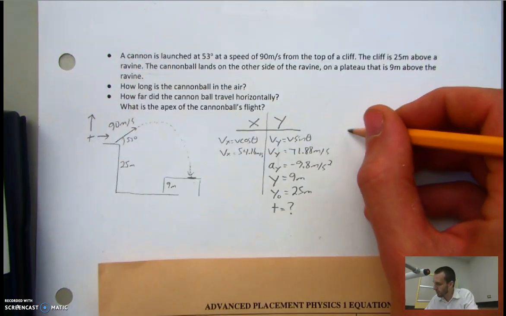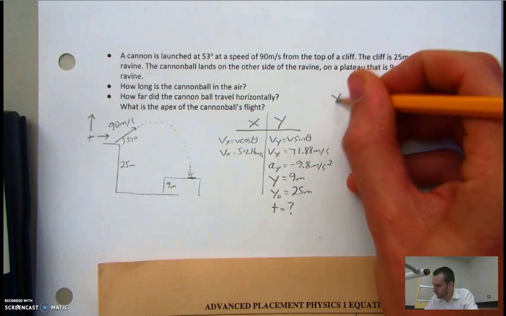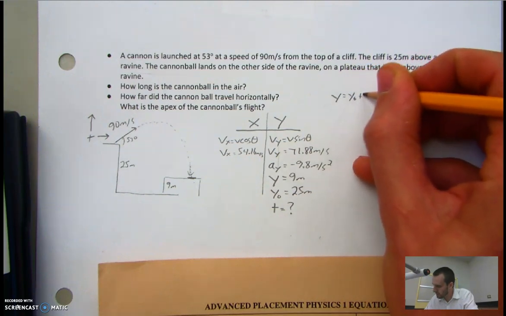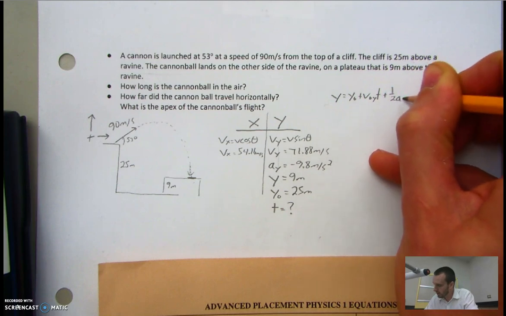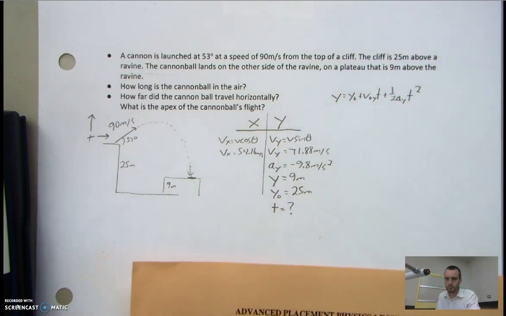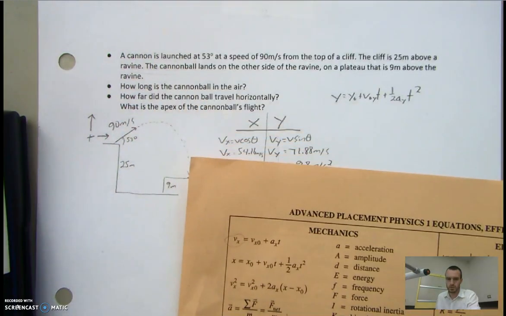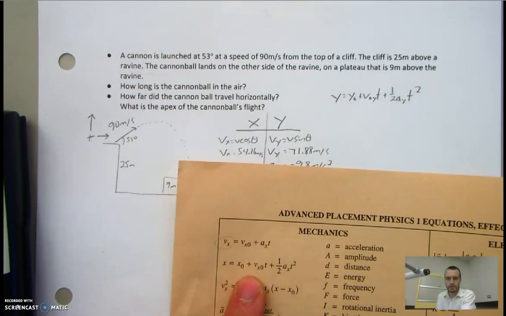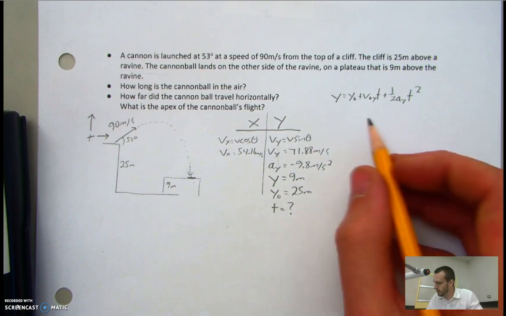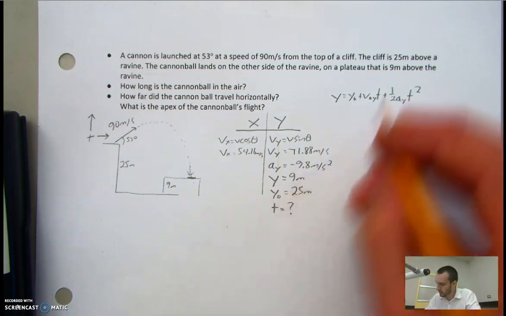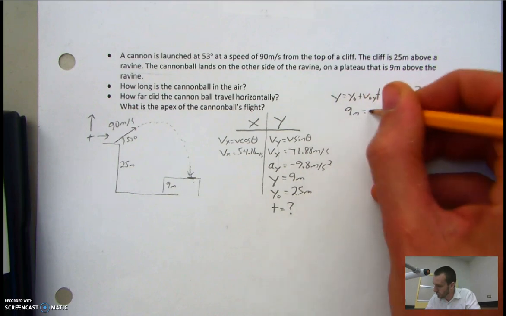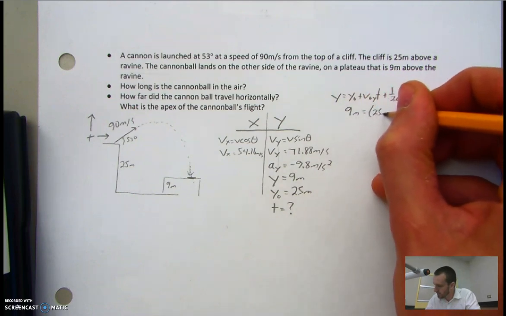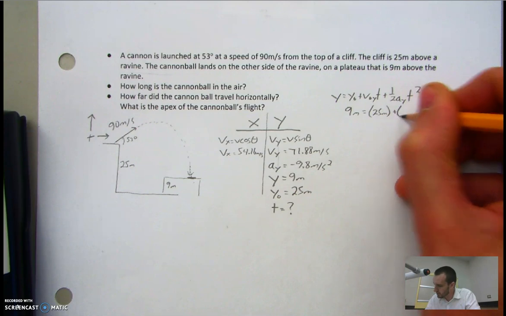So what I'm going to do is rewrite it in terms of y here. So it would be y equals y initial plus v initial y t plus 1/2 a y t squared. All right, so that's from our equation sheet, our second equation rewritten in terms of y. And the reason we're using this, we can double check here, make sure we have everything we need. So the y we get is 9 meters equals the y initial we get, 25 meters, plus v initial y.